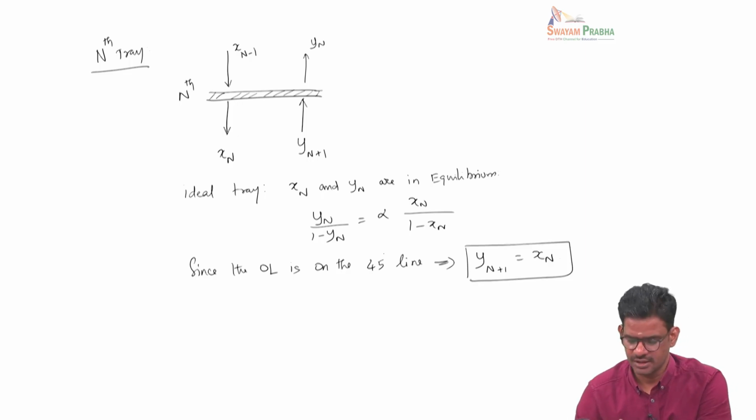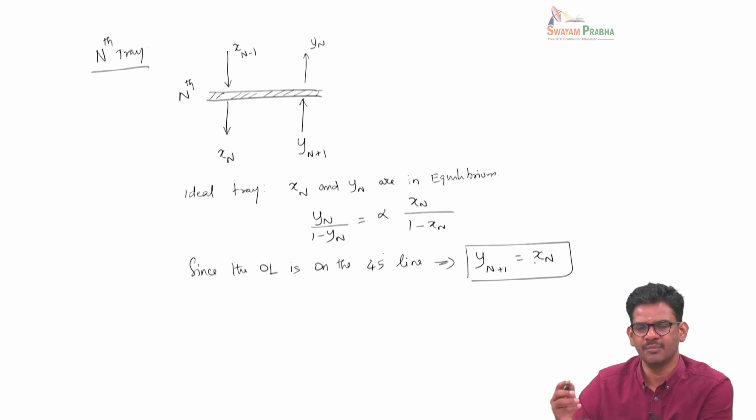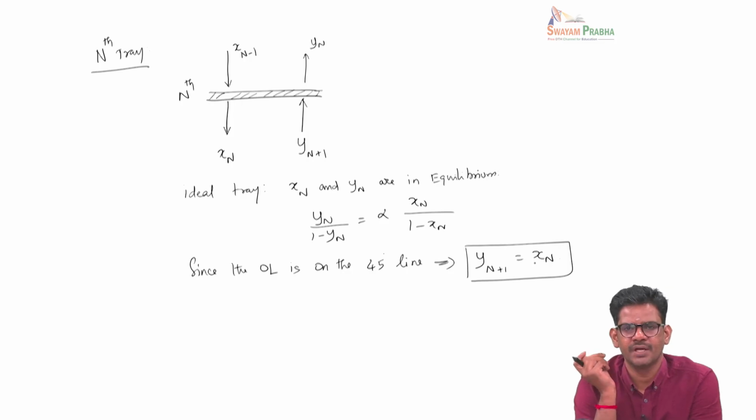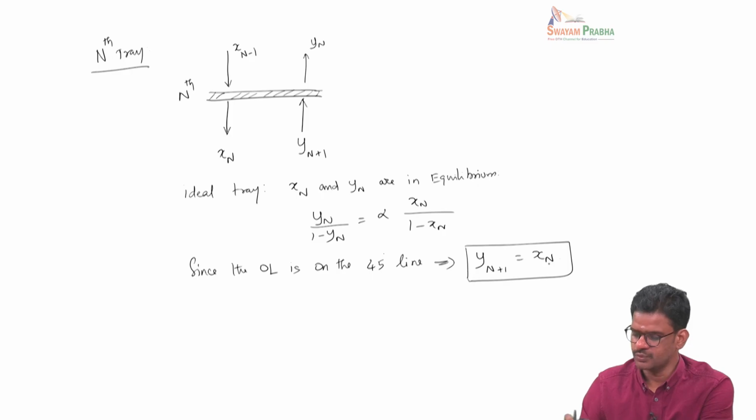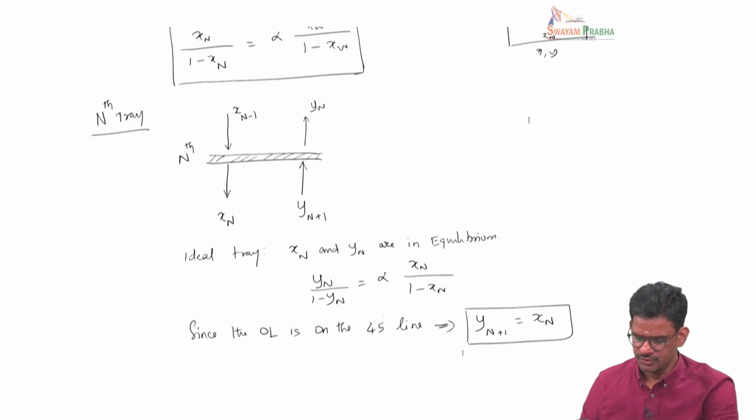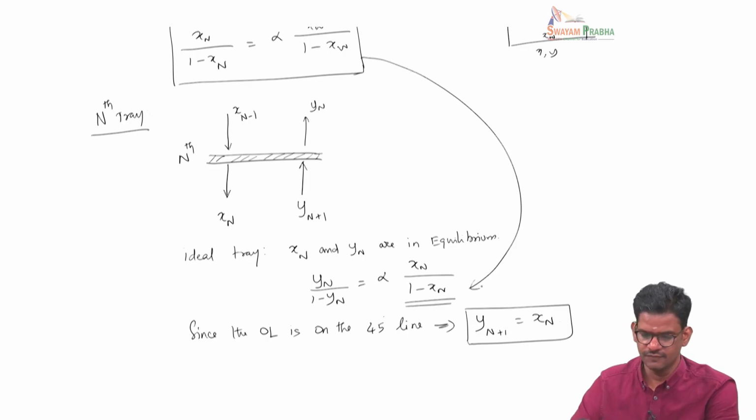Generally, we obtain the relationship between yn plus 1 and xn based on the exhausting section operating line, but we know here under total reflux condition the operating line coincides with the 45-degree line, therefore yn plus 1 is equal to xn. So here you see that in this equation we can replace this xn from the above equation.